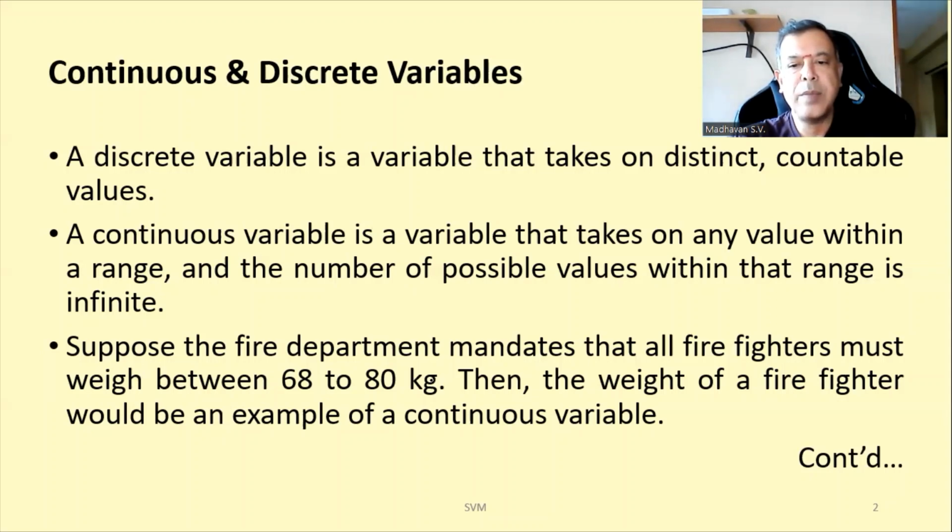Suppose the fire department mandates that all firefighters must weigh between 68 to 80 kg. Then the weight of a firefighter would be an example of a continuous variable, because the weight can be any weight in between 68 and 80. It can take values like 68.4, and 69.25 also is a possible weight. So you have an infinite number of values between 68 and 80 because of those decimal numbers.